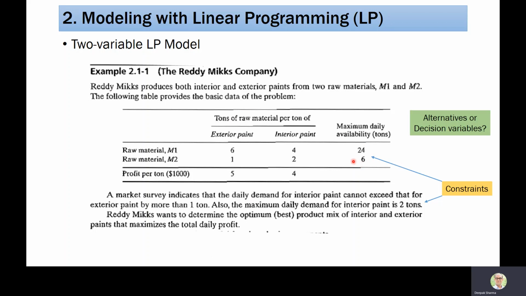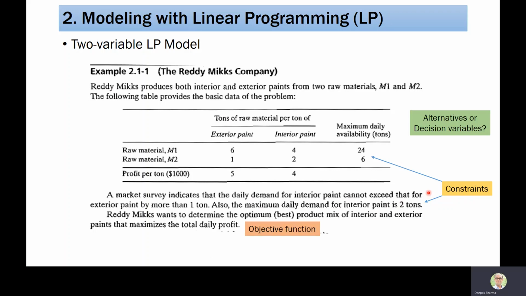So the amount should not go beyond 24 for M1 and should not go beyond 6 for M2. Similarly, we have the constraint that interior paint cannot exceed exterior paint by more than 1 ton, and also the maximum daily demand for interior paint is 2 tons. All these conditions are telling us about the constraints, or restrictions, on the problem.